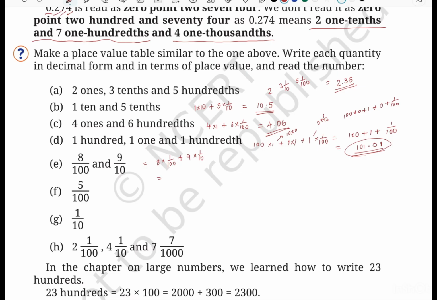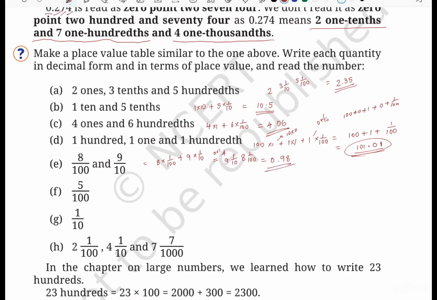We can write it in order, so it will become 9 tenths and 8 hundredths and 0 ones, as there is no unit value, so we can write 0 into 1. So it will become 0. Tenths place 9 and hundredths place 8, so the answer is 0.98.